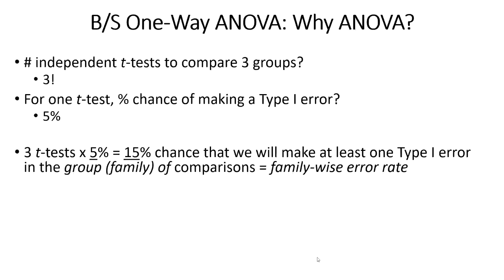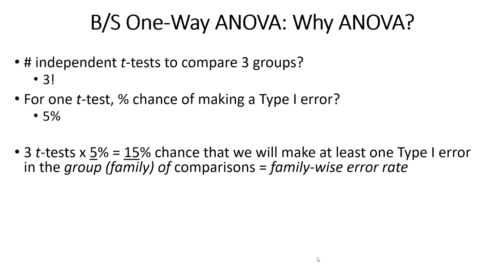Bottom line is that for any given t-test, for one t-test, the chance of making a type 1 error is 5%. But if we're going to compare different groups under the same independent variable, then we need to multiply the number of tests needed by 5% to get our family-wise error rate, in this case, 15%.